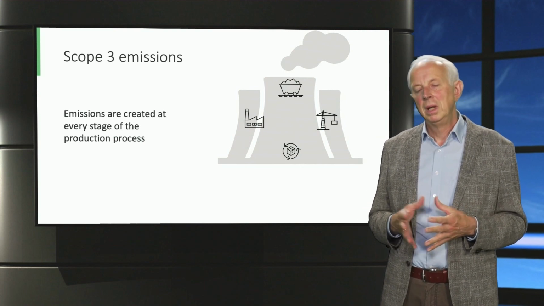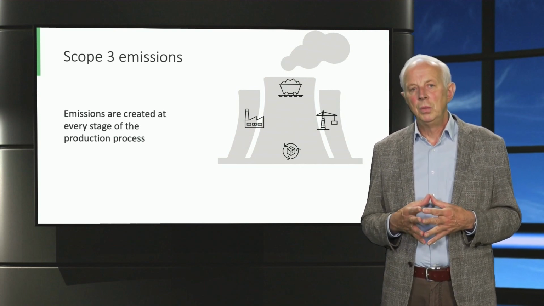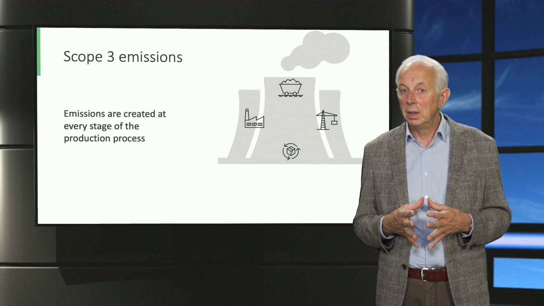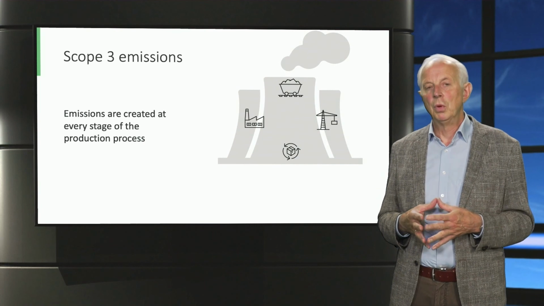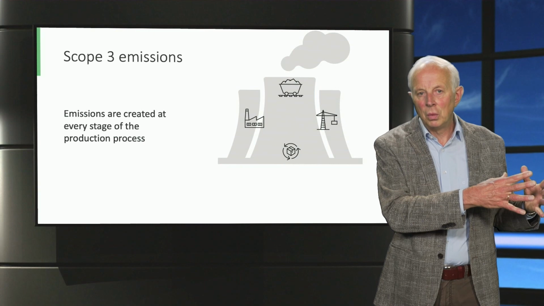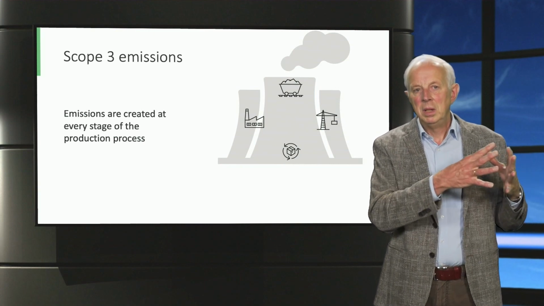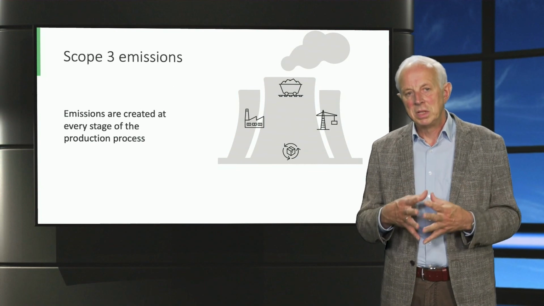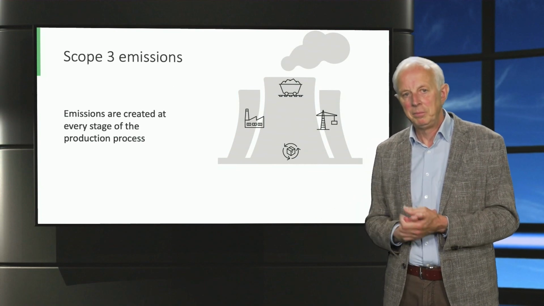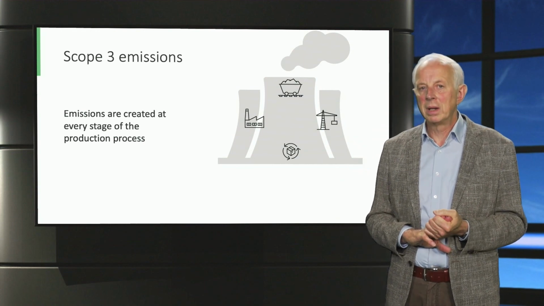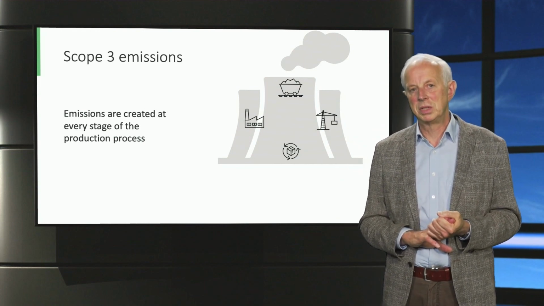For example, in the case of steel production, you need to take into account not only the emissions that are generated when steel is forged, but we also need to look further upstream: the emissions from the winning of the ore, iron ore and coal, the emissions generated during transport of the ore and coal, the emissions from coke production, etc. You can see this is already quite complex for a relatively simple product like steel.